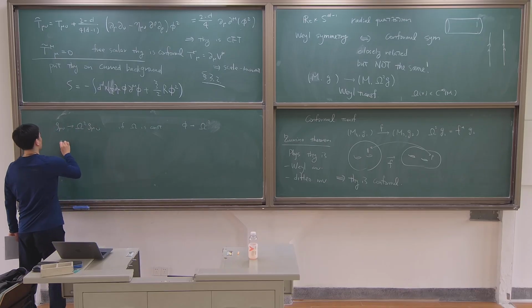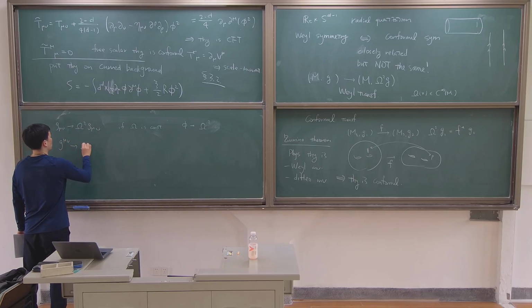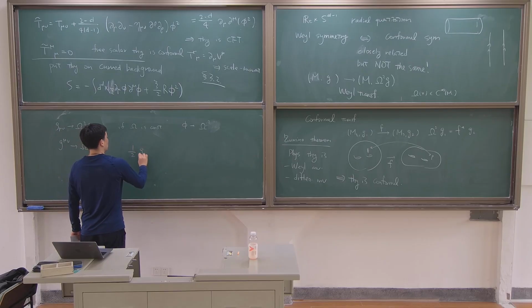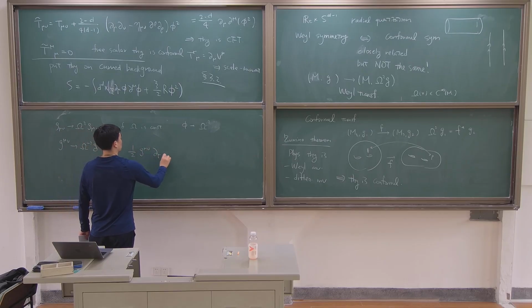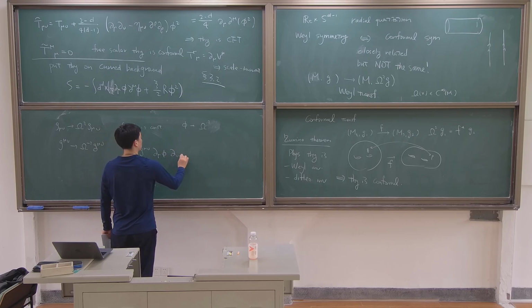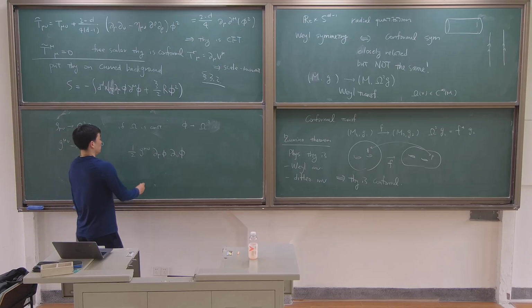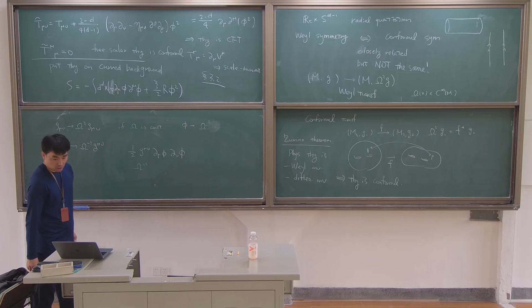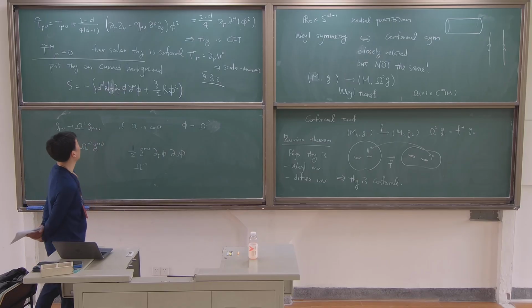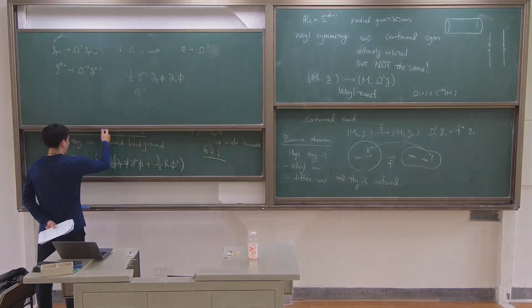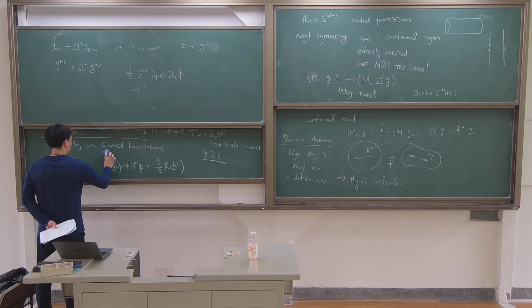If this is the case, G mu nu is transformed to omega minus 2 G mu nu, and this action can be written as follows. And if this is an omega minus 2 case, oh yeah, I forgot to include something. That's why I got confused. Sorry, the lecture is not correct.